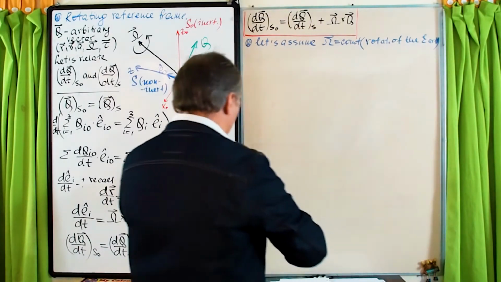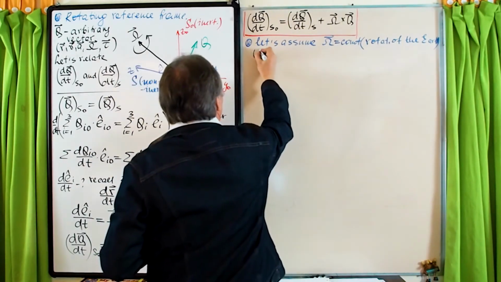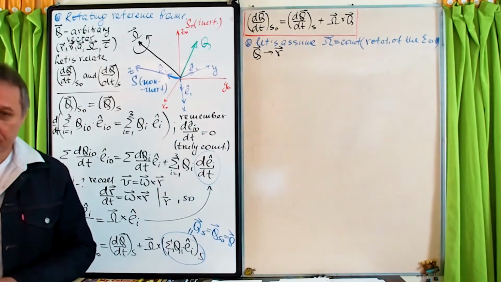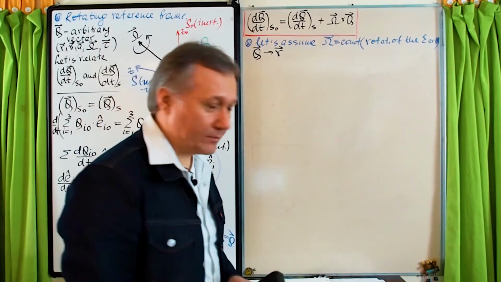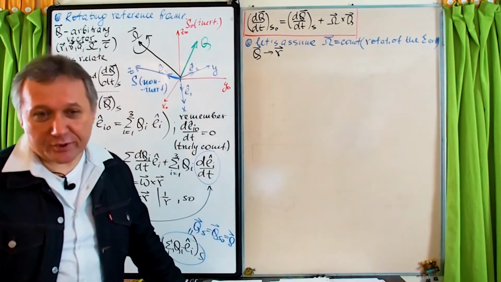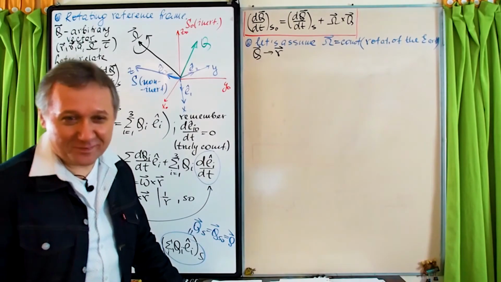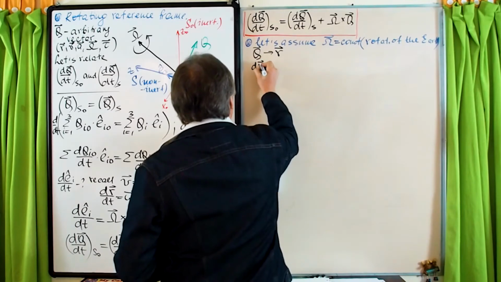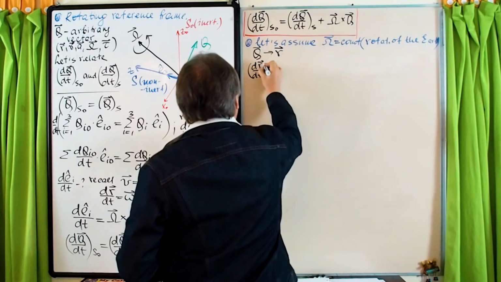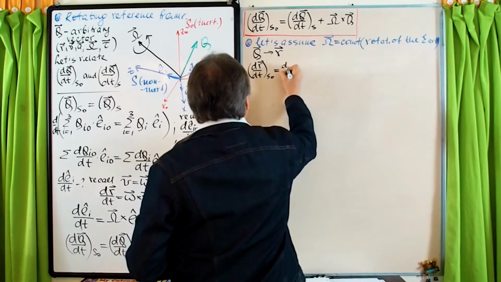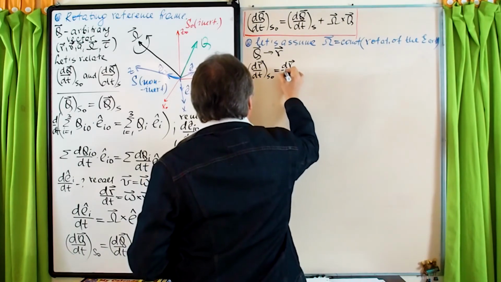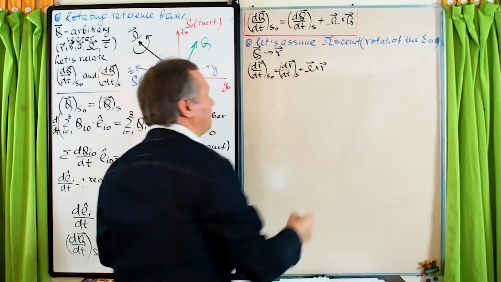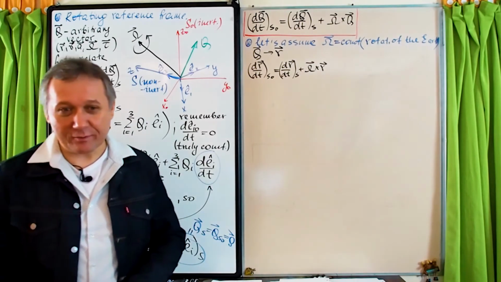Okay, and so now q, it's r, right? Position vector. So as a result, we can write expression relating velocities. Right. So we're going to end up with dr over dt in S naught equals dr over dt in S plus omega cross r. So expression relating velocities.